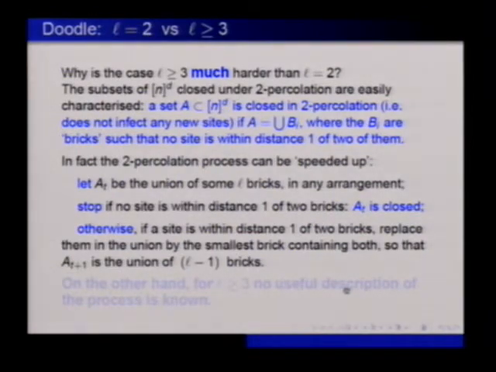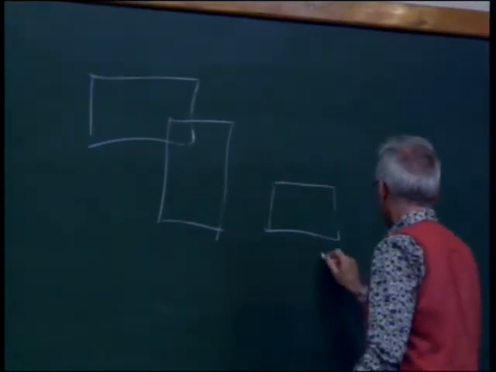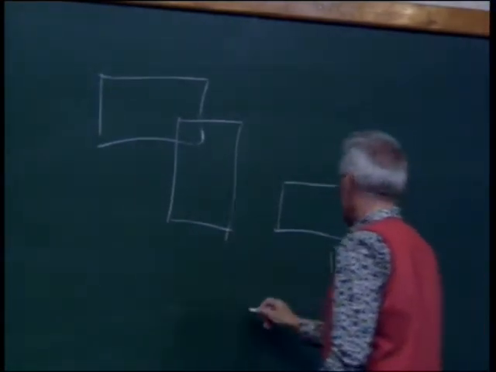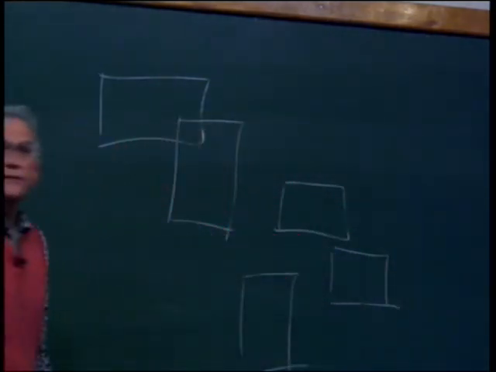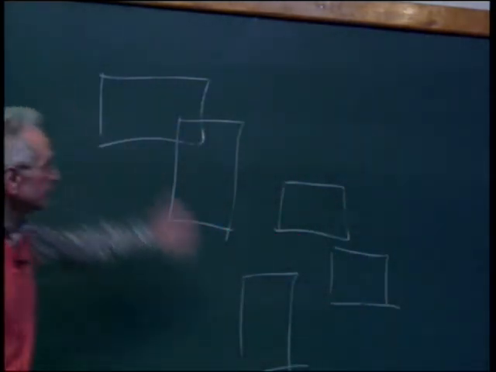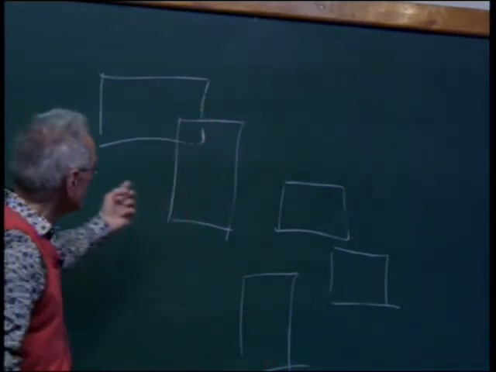What is going on? Suppose at some stage you have got a bunch of bricks, and so the whole infected set is that. In that case, what can you do?